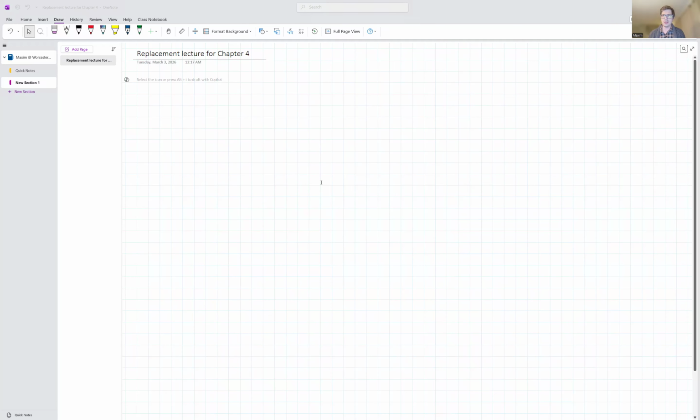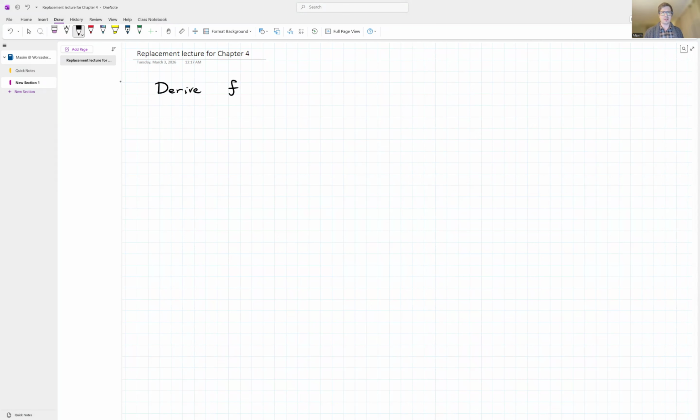Okay, to begin, we want to derive the formula for the fraction of vacancies in a metal or a crystalline solid. And if you recall what that is, the fraction of vacancies is given by this Boltzmann factor.